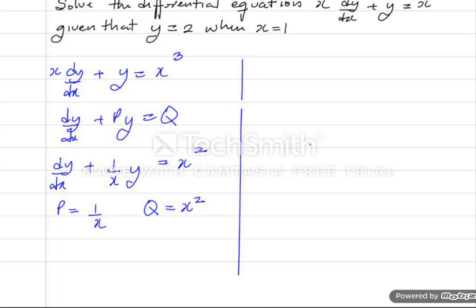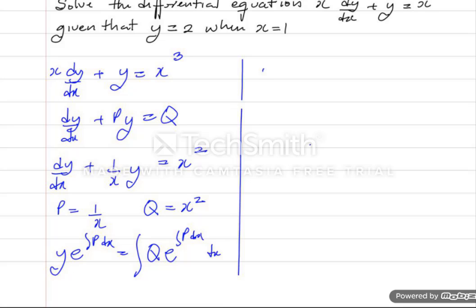Now y times e to the integral of p dx is equal to the integral of q times e to the integral of p dx. That is the formula for the solution.